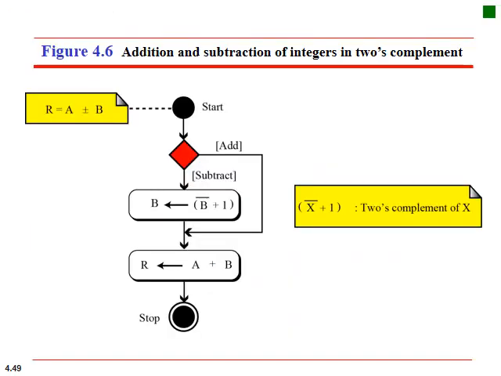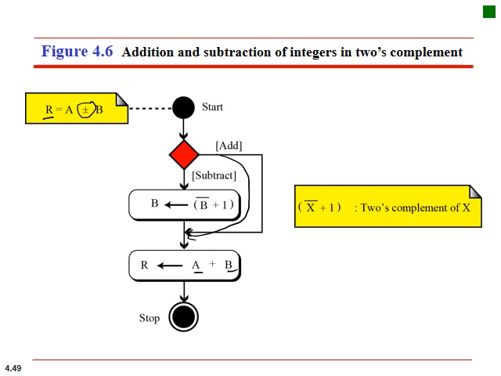So here's just the generic flow chart to show you how it should be done. So we basically have R, or result, and we're going to do either A plus B or A minus B. Right. So we start over there and we look what we have, and we say if it's addition, we simply skip to the next step here and simply do normal integer addition bitwise A plus B, no problem.